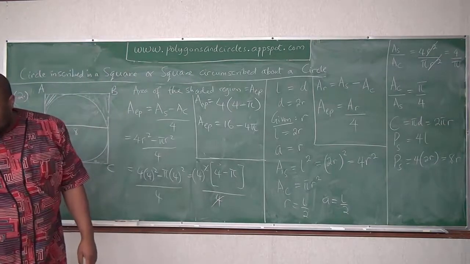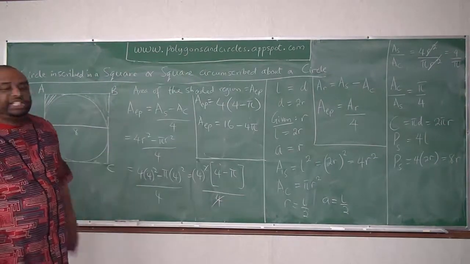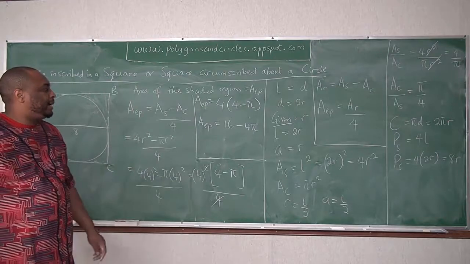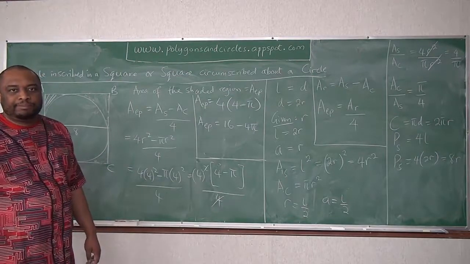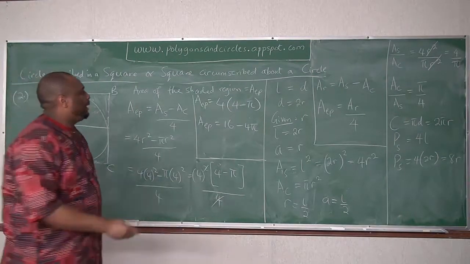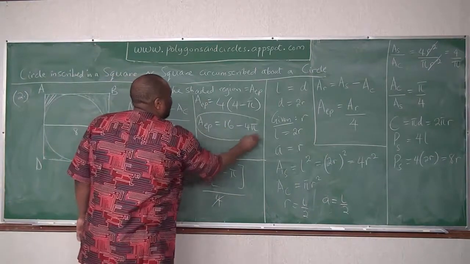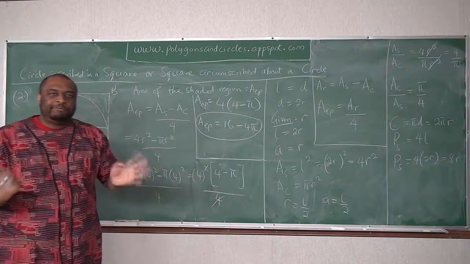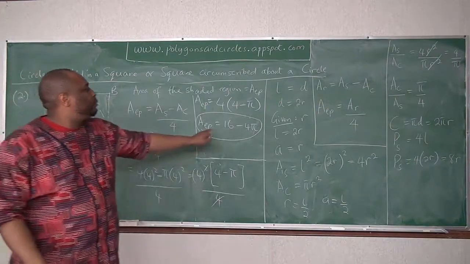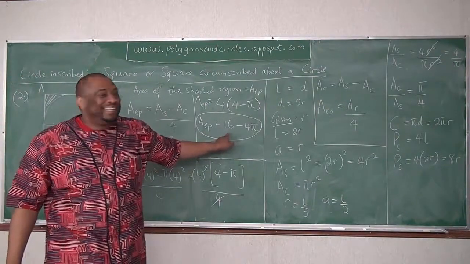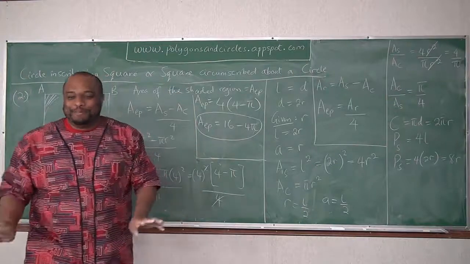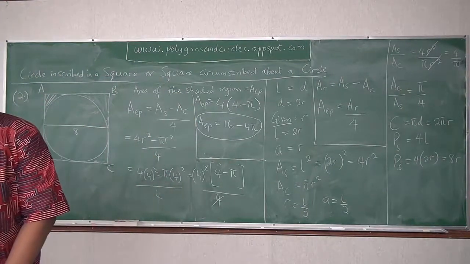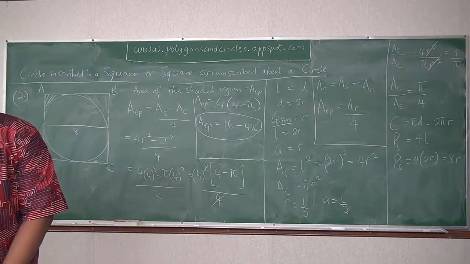And that is H. H is the answer, 16 minus 4 pi. If you don't put it in factored form, I take away points.